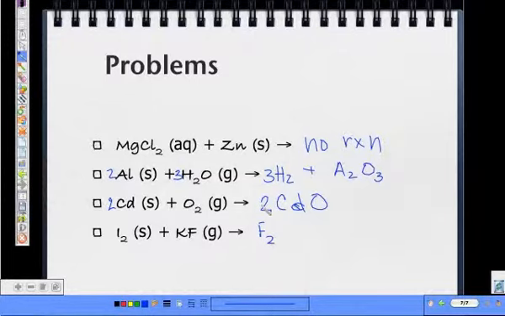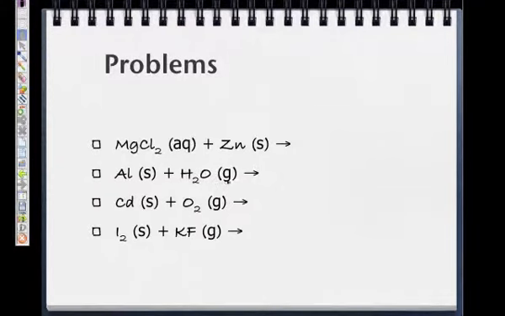So fluorine is higher than iodine. Can iodine replace fluorine? No. So there's actually no reaction there. So for your nonmetals, your anions, it will usually be your halogens, and so you just use that row of halogens as your activity series. I think that's it, isn't it? Should be. Yeah, we aren't doing this yet.